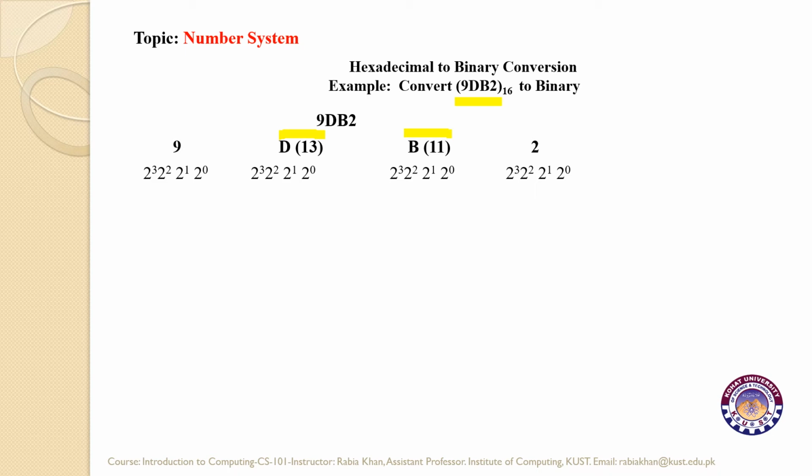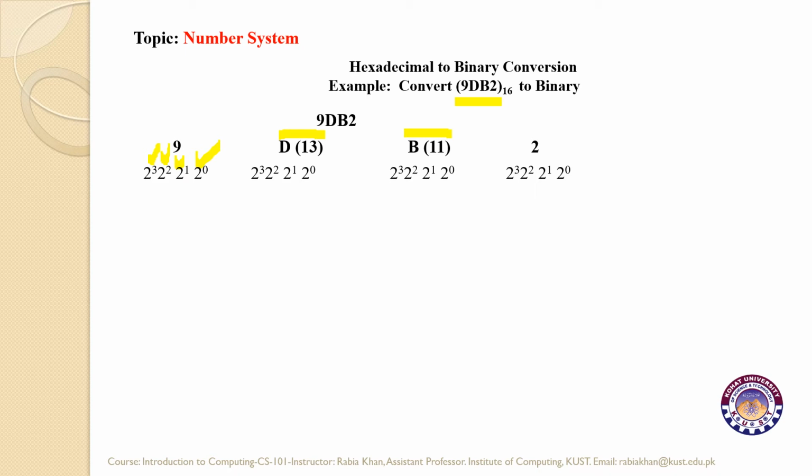You need to simply write powers of 2 in 4 groups. The power of 2 for the first base will be 0, for the second will be 1, for the third will be 2, and for the last will be 3. So a group of 4 binary digits is formed for every individual given hexadecimal digit.